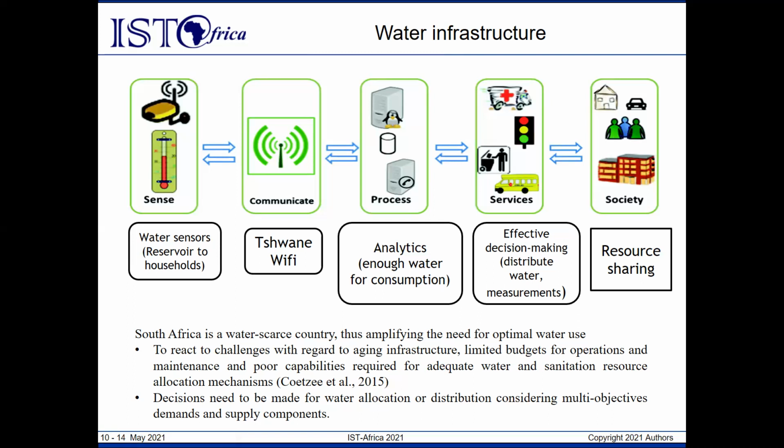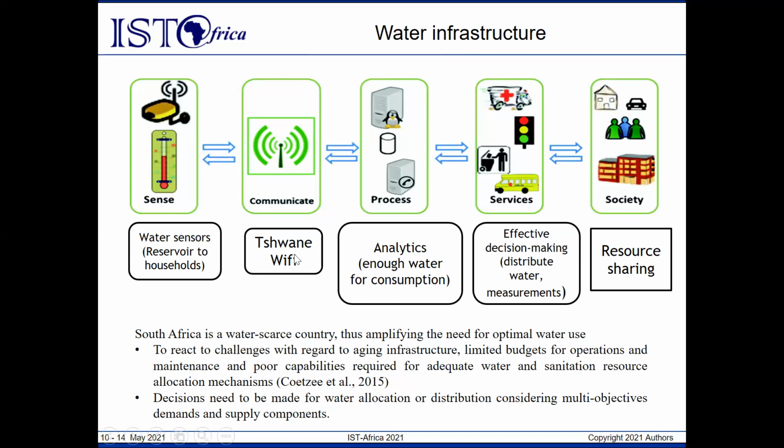These can help us to know, because we cannot run away from the fact that water can be leaked along the way. Maybe the water that was dispatched was 100 liters, and you find that by the time water reaches households, it's about 50 liters. So we want to be able to see the progress from the first reservoir to the tanks, so that we know how much water we have, and then share it among the individuals.